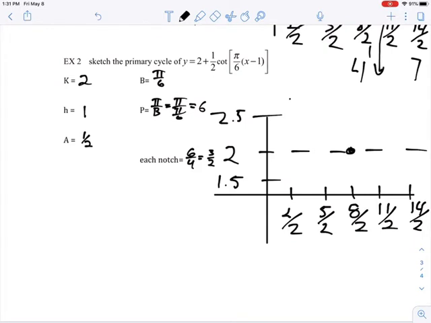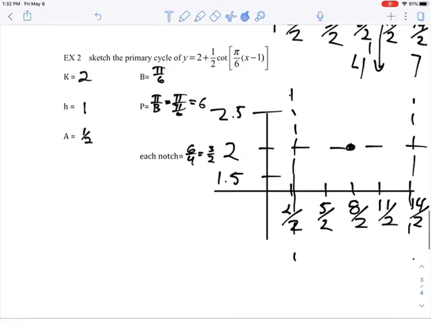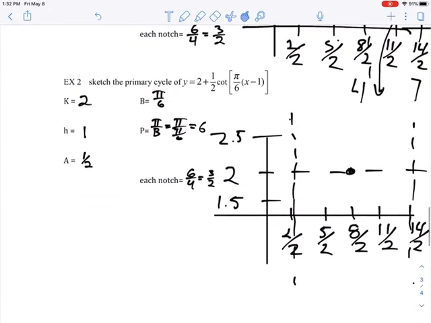And on the outsides are my asymptotes now. So here's an asymptote, there's an asymptote. And then if this is positive, I just go from the amplitude here to the amplitude there. So I'm going from the top and then a little swerve and then down out the bottom like that.